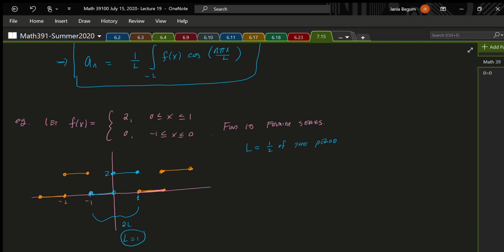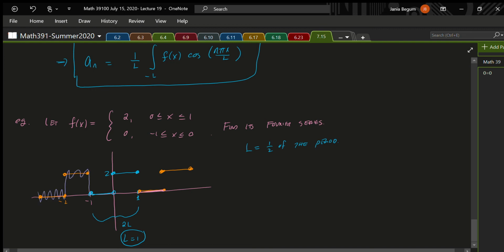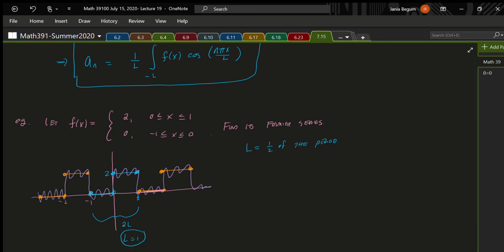Now what the Fourier series will do, it's going to create this function that's just going to look like this and make everything connected and nice and smooth and so on. So the purple will represent the Fourier representation of this given f of x. So to find this purple graph, we have to compute its coefficients, a0, an, and bn.